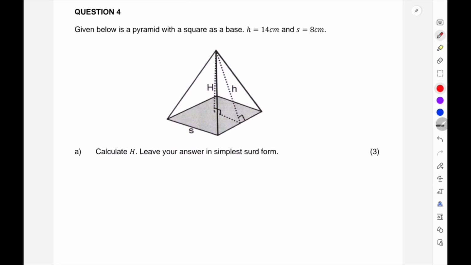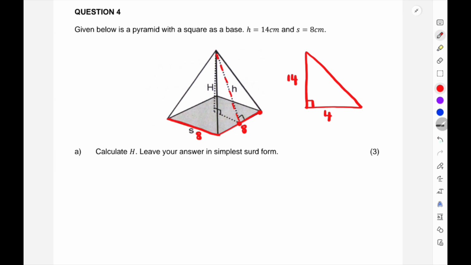Okay, let's look at question 4. It says, given below is a pyramid with a square base. Square base means all the sides there will be the same, and in this instance it tells me that it is 8. With a square base, and h over here, baby h, is 14. So if I have a triangle and I draw it right side up and work with only half of it, this side would be 4 because half of 8 is 4, and the height is 14.